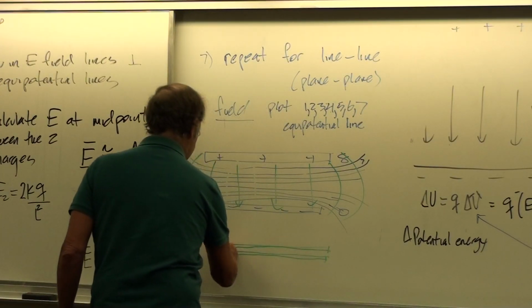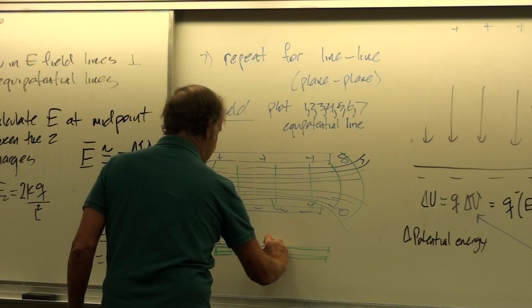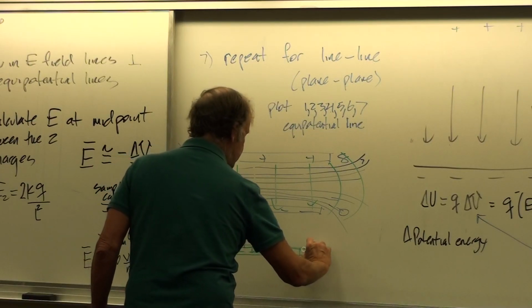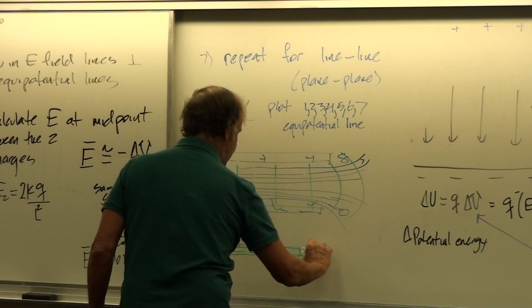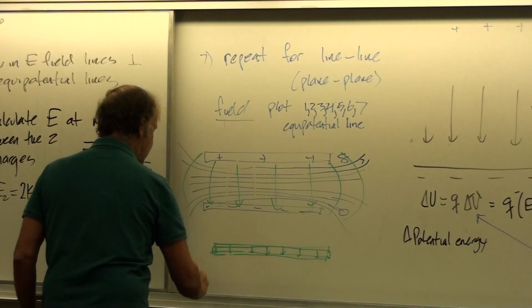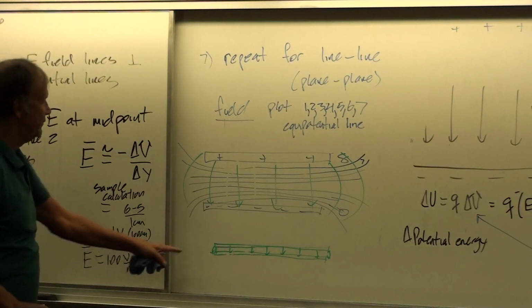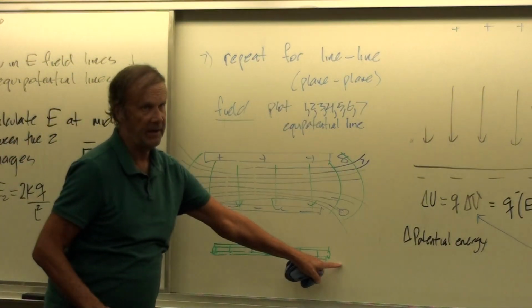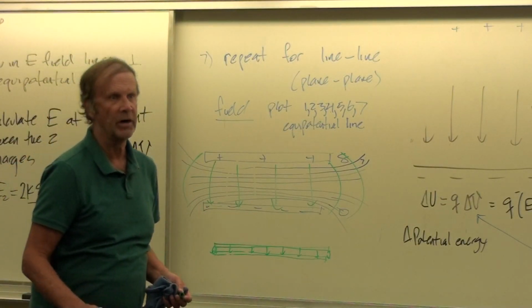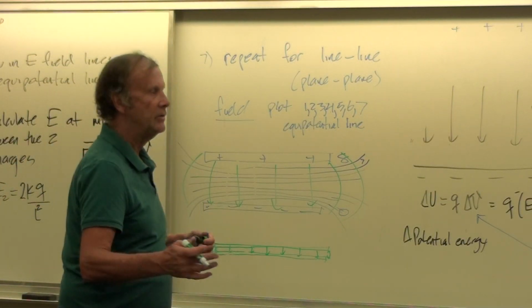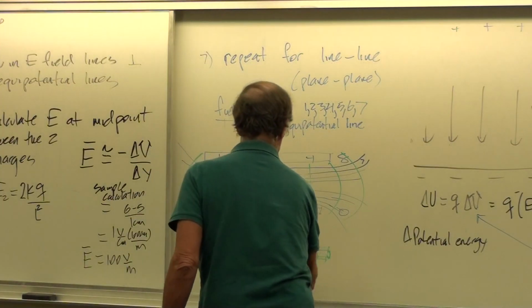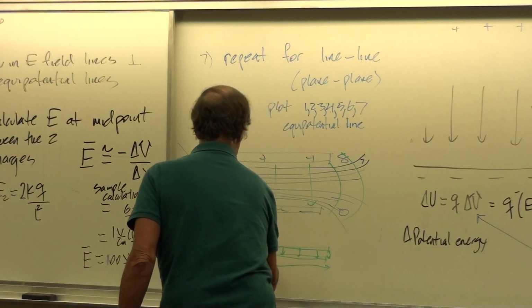But if we had a really long plate, then most of it would just be your infinite plane of charge, and you'd have these little insignificant fringing fields here on the side. That's when you can use the approximation that you're approximately infinite, when L here is much, much greater than D.